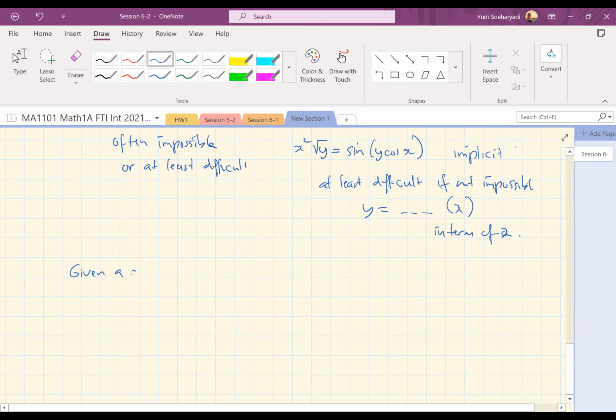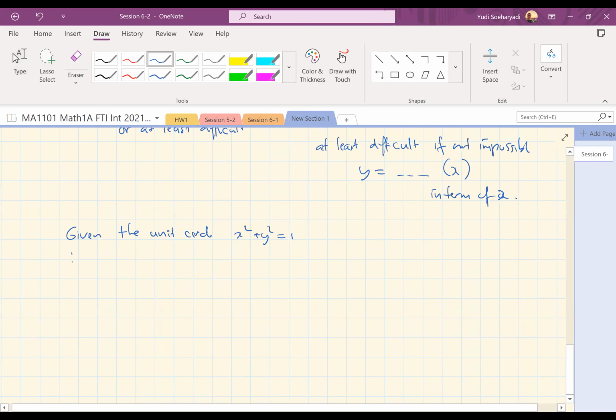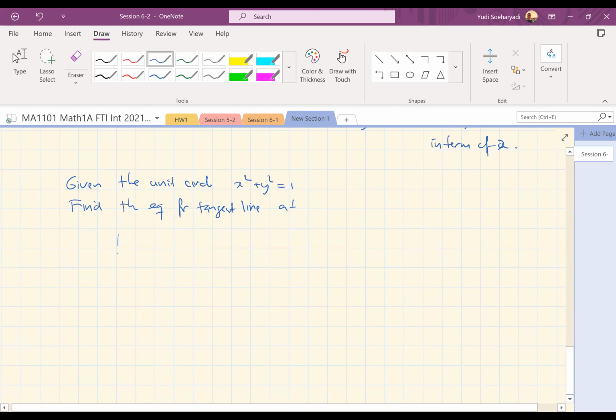You're given a circle, the unit circle, x squared plus y squared equals 1. And the question is to find the equation for the tangent line at the point. All right, so let's see the graph first.